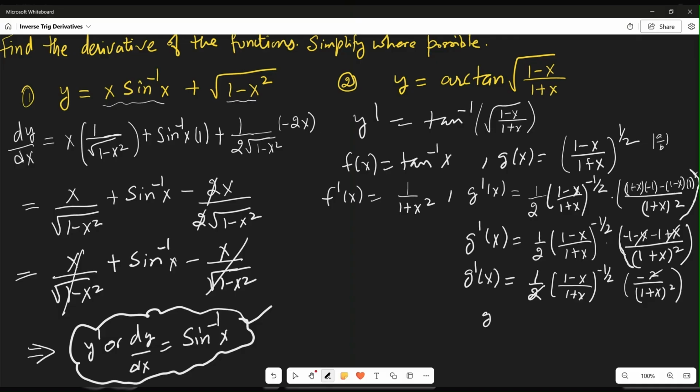We have inner function as, this is, let's bring this down. Maybe. We'll see, because we have to simplify this, right?